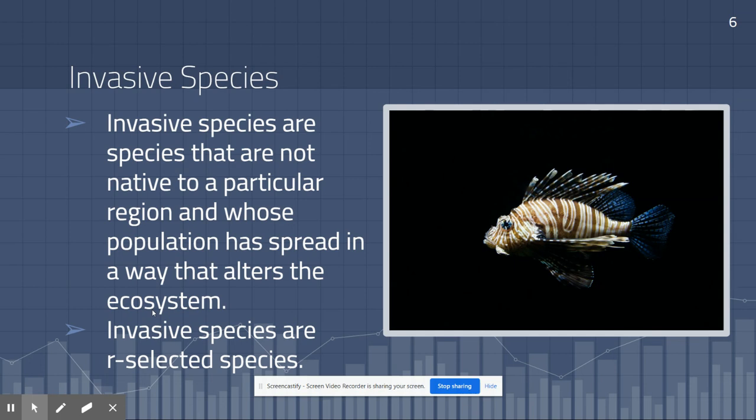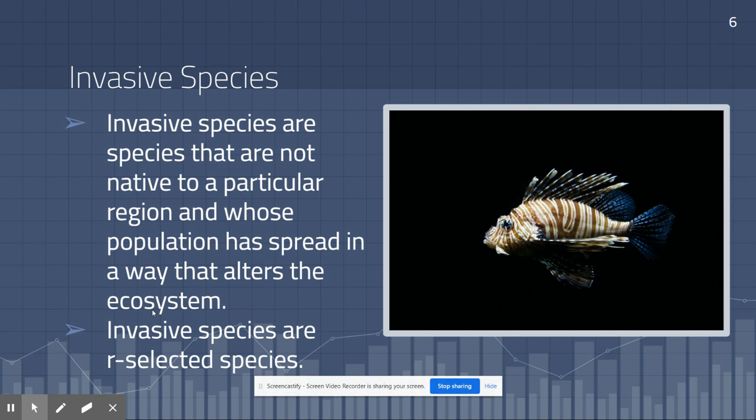Okay, so moving forward here, another thing you need to be aware of would be invasive species. Invasive species are those that are not native to a particular region. So in some way, they are brought into that region, and in that region, their population spreads in a way that alters the ecosystem. So kind of a notorious example of this would be the lionfish in the Gulf of Florida.